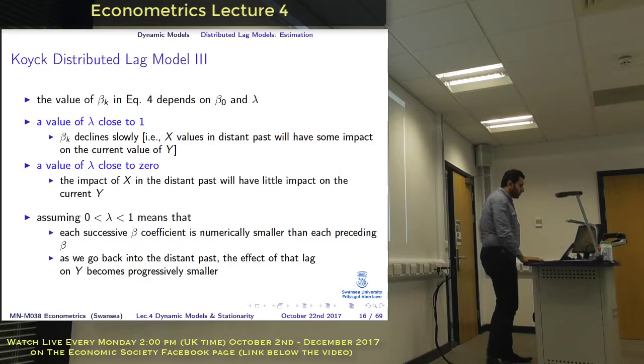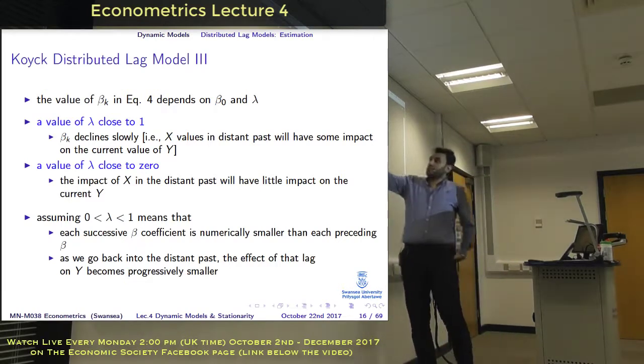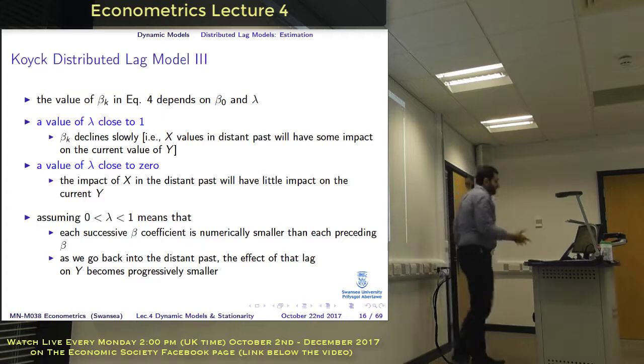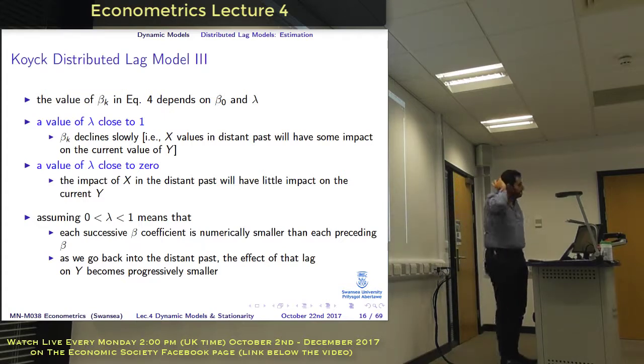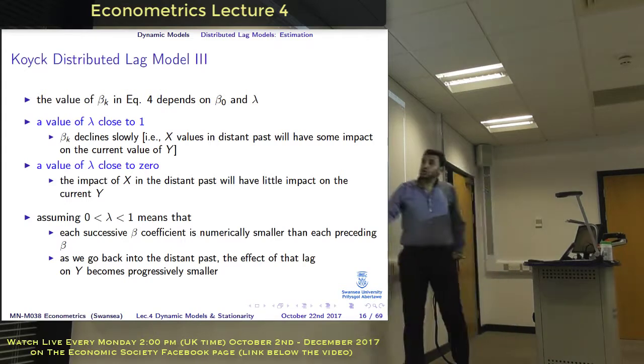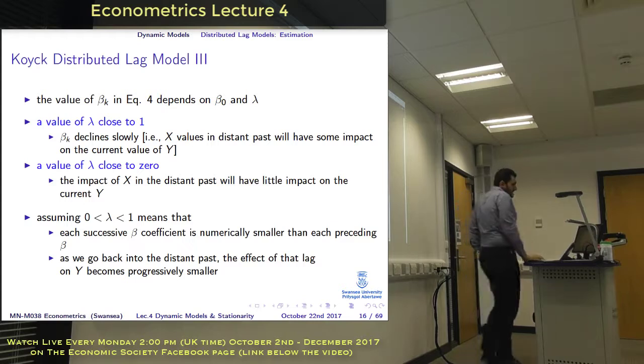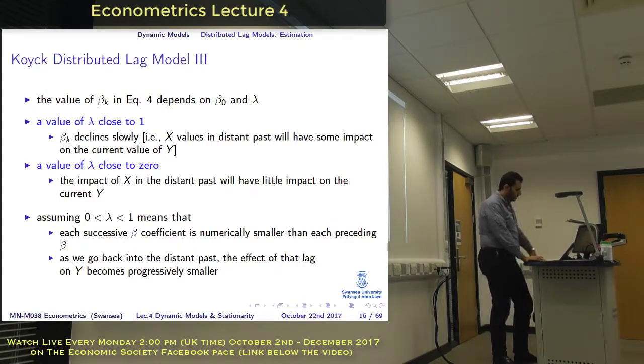If it is closer to 1, that means beta k declines slowly, and that means x values in the distant past will have some impact on the current value of y. But if lambda is close to 0, the impact of x in the distant past will have little impact on current y.